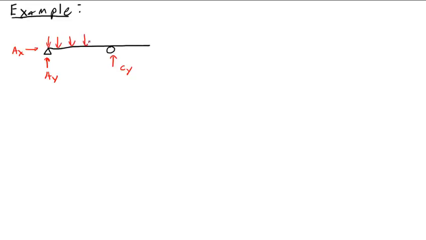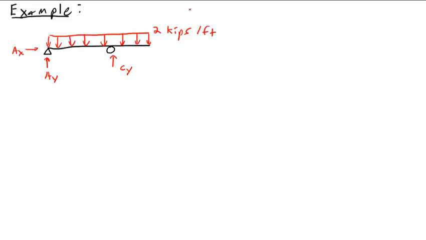And the forces on here, I'm going to have a distributed load, which is a load that is uniform across the member, or it's basically a load that is at a certain pounds per foot. So say 2 kips per foot. This means that every foot along the beam there is a 2 kip load.